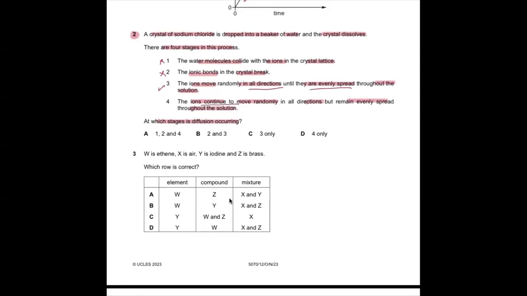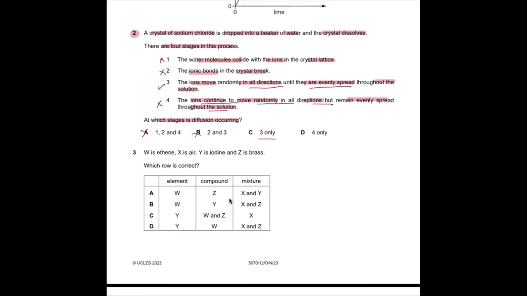Now the ions continue to move randomly in all directions, but remain evenly spread throughout the solution. So it's not a diffusion because the particles already got spread evenly. So now if there is any movement, that is not going to be considered as diffusion. So statement 3 is where the diffusion is taking place. So it means that our A, B, and D options are wrong, and C is the correct answer.